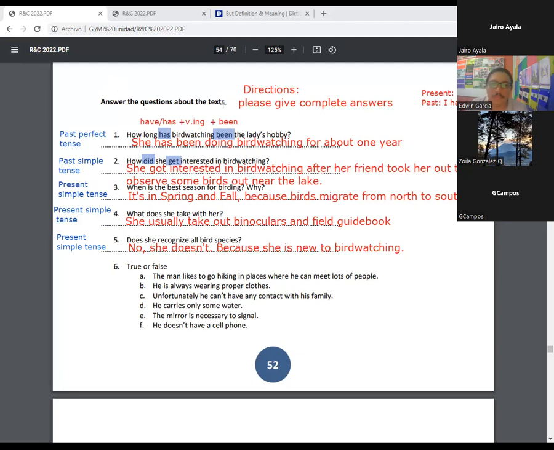Maybe, but if we make it for continuous tense, we don't have to use been. For continuous, we don't use been. We only say has and the ing form, but this is not an ing, it's like an ing.